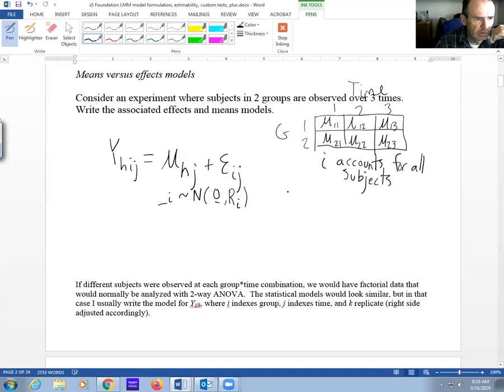We can specify R. If we only have 3 time points, then we could do an unstructured R, or we could do the AR1 or compound symmetric structure. And so that's the means model.